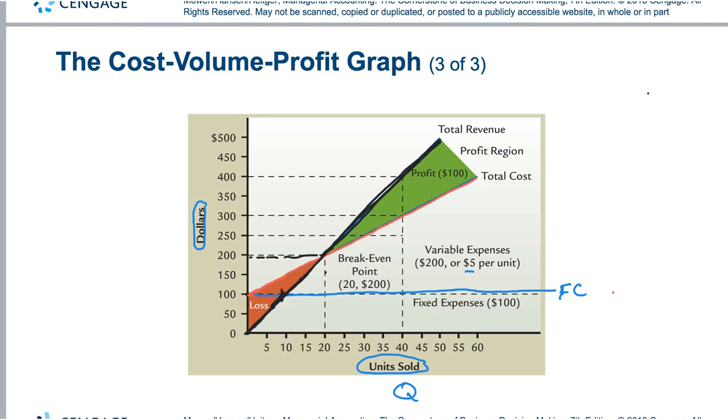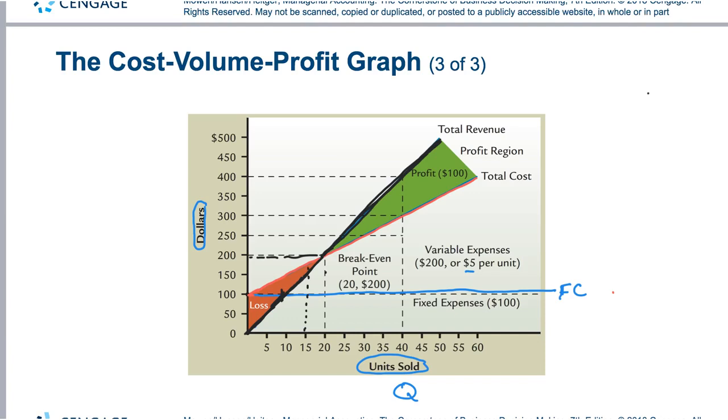So this is our cost volume profit graph. And it is useful for anyone who is a visual thinker to see, right, what happens at particular points. You know, if you're selling 15 units, you can just quickly see, nope, I'm not going to make it.